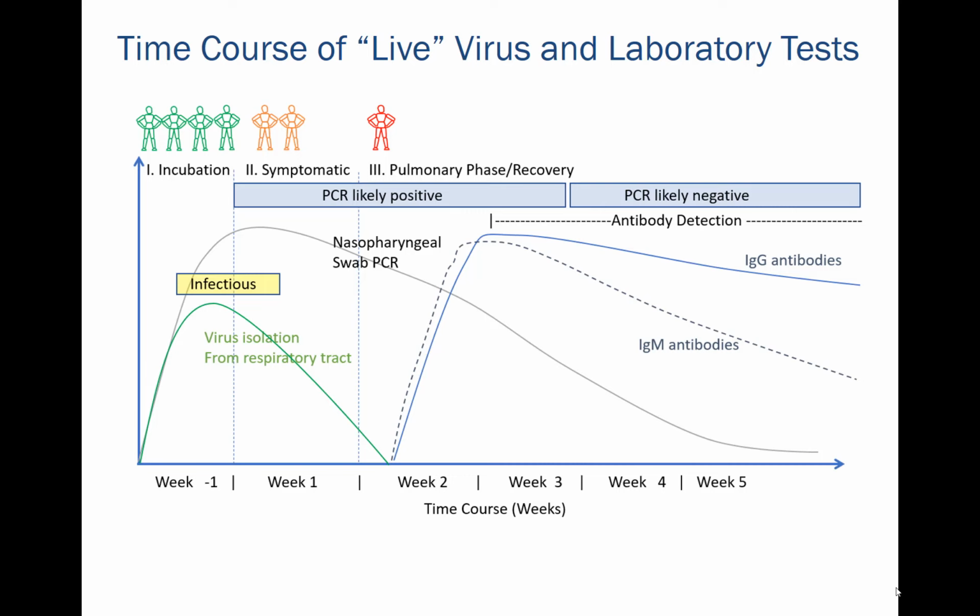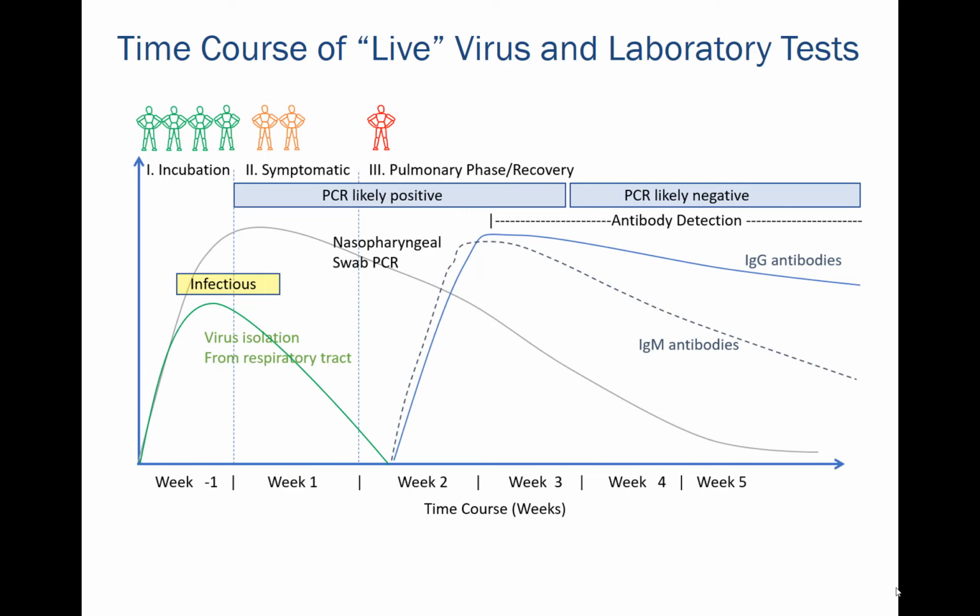It's really important. The period that a patient or person is infectious, you can see it starts a few days before symptoms and up to about 5 days after onset of symptoms. However, you can see that the nasopharyngeal PCR test remains positive for a prolonged period of time, at least 3 weeks.